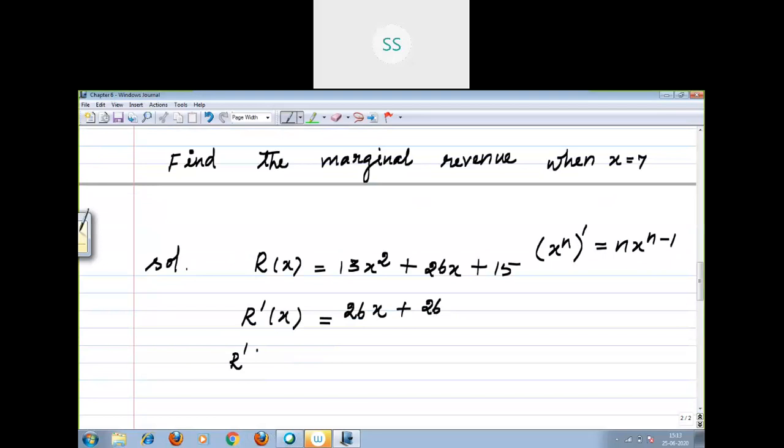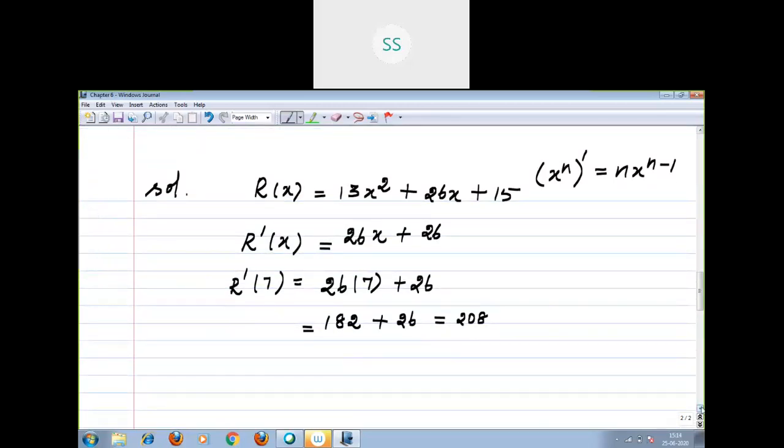That is R dash of 7 equal to 26 into 7 plus 26, which is equal to, 6 sevens are 42, remaining 4, 7 twos are 14, that is 182, plus 26, which is equal to 208.